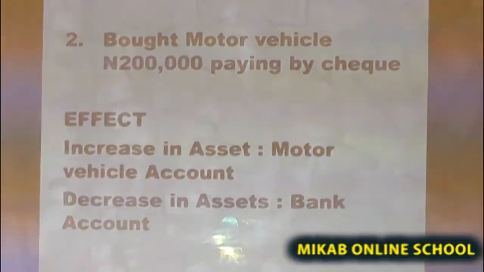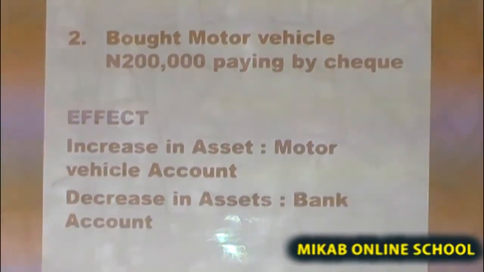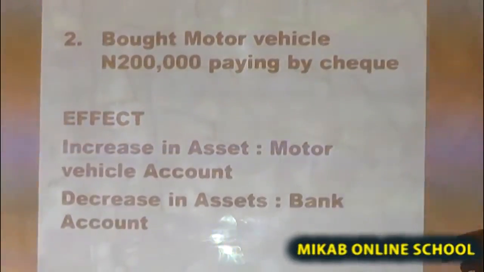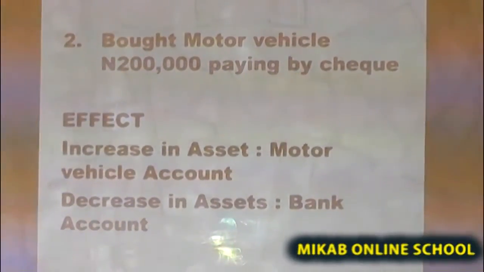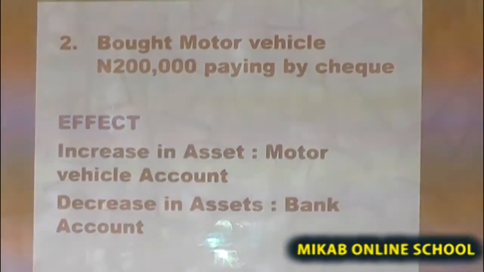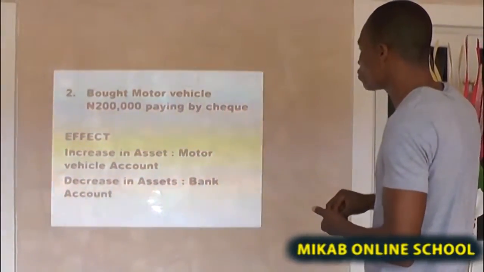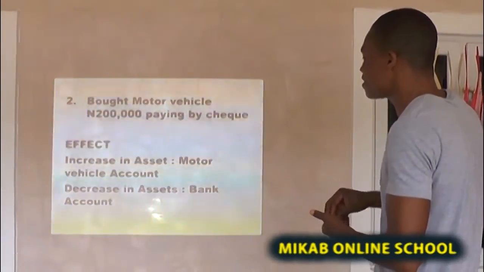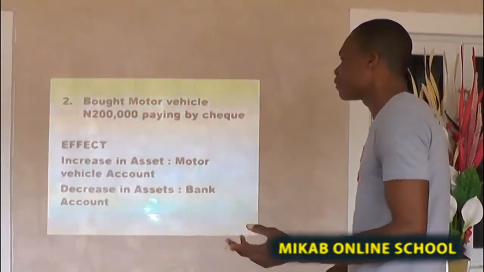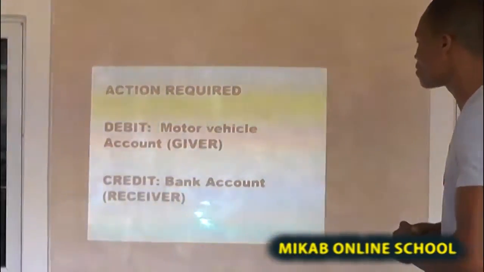That is, our bank account is decreasing while our asset account is increasing. That is why, on the effect, we said increase in asset, motor vehicle coming in, and decrease also in asset, that is, an asset leaving the bank.